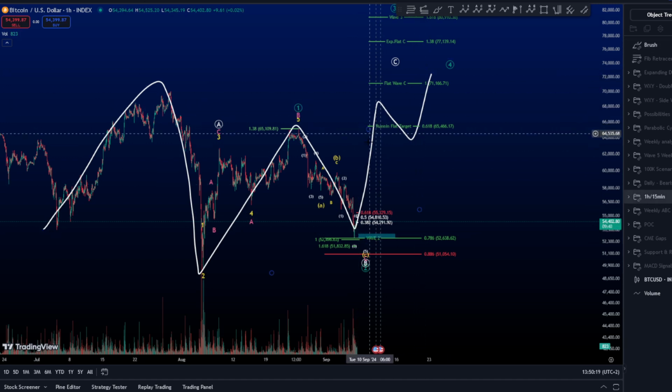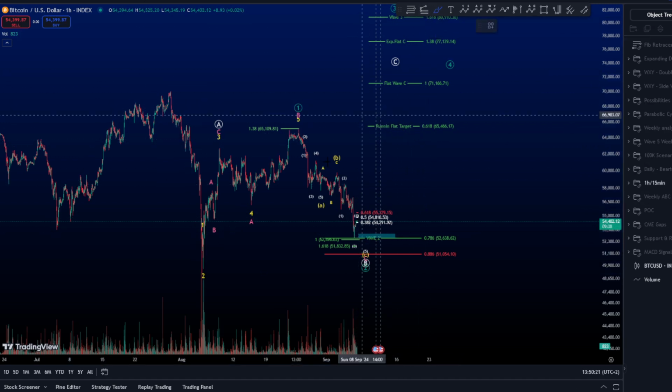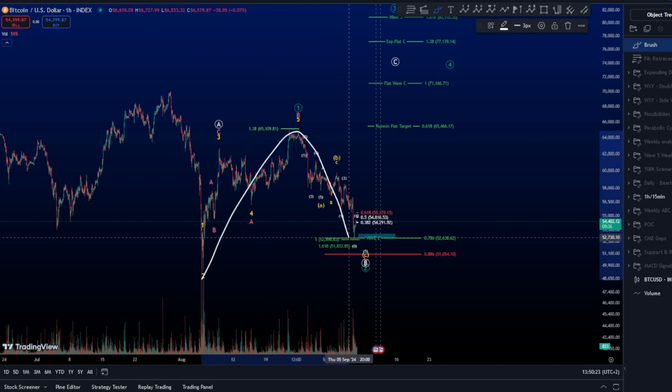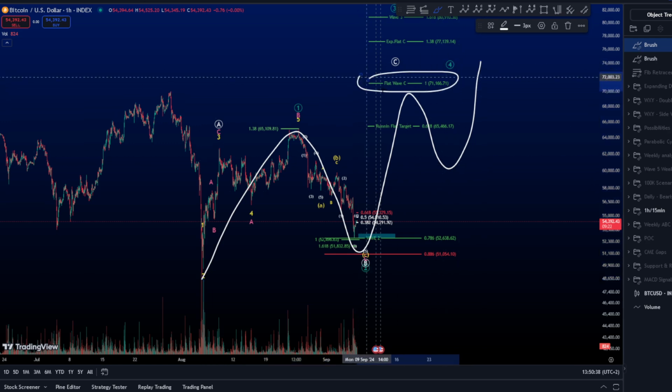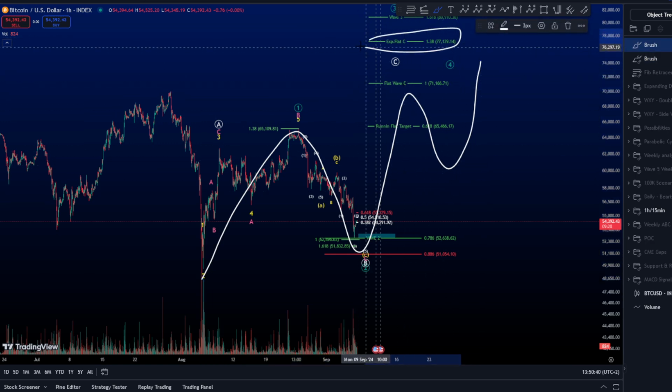Therefore, you are looking after this for a diagonal, possibly even if we touch the 0.886, because the 0.886 is one of the most common targets for a wave 2 in a diagonal, right? So in that case, we are going for a flat or expanded flat wave C to almost 77,000 for Bitcoin.